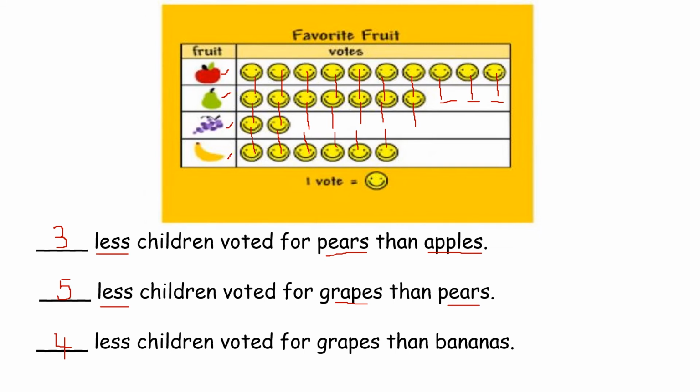So this is the opposite of when we did more. When we did more, we looked at how many faces extra we had. Now when we are doing less, we are looking at the missing faces, right? The missing faces that would make both sets equal. So I want you to look at the video. If you need to look at it twice, you go ahead and look at it twice, and then you will complete the evaluation at the end.